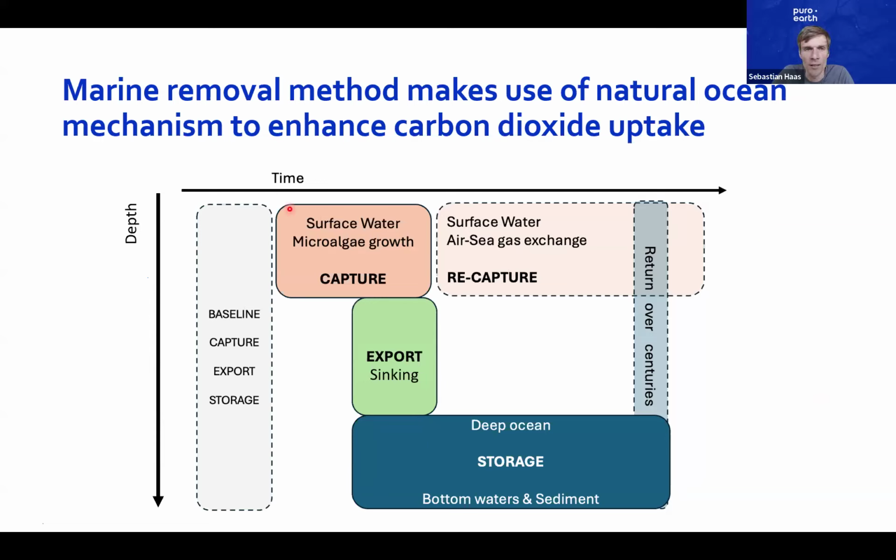So the first natural mechanism it makes use of is the capture of CO2, carbon dioxide, by microalgae near the surface. And that's, like I described, by recruiting the microalgae onto the substrate with the favorable growth conditions due to the added nutrients. So the microalgae will capture CO2 by photosynthesis and thereby deplete the near surface water of CO2.